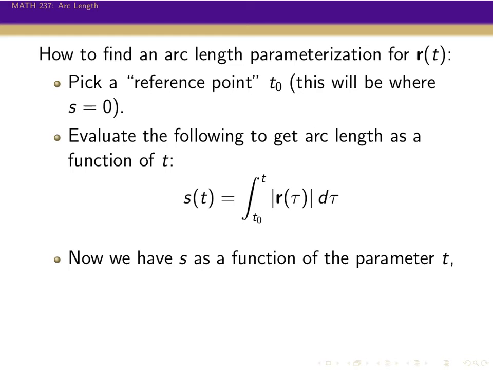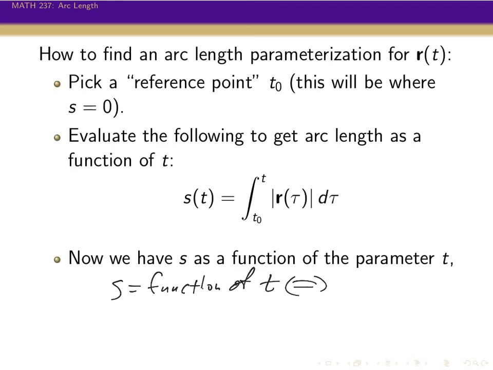Now we have arc length as a function of our parameter t. But what we really want is the inverse of this. What we really want is a way to write t as a function of the arc length, because we want to replace t in the parameterization of r with something that's going to give us the arc length parameterization. So if s is equal to some function of t, how do we invert it?